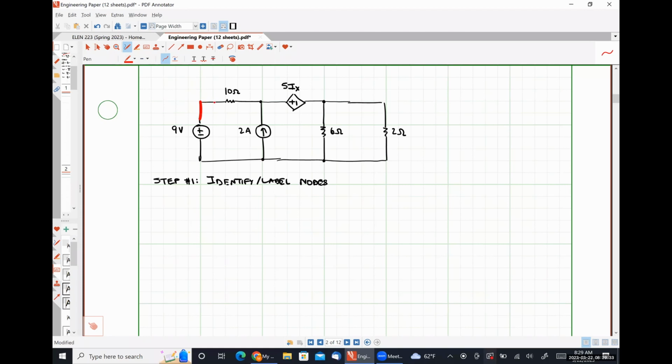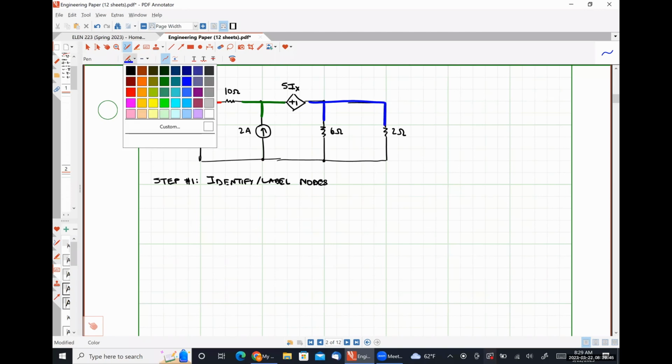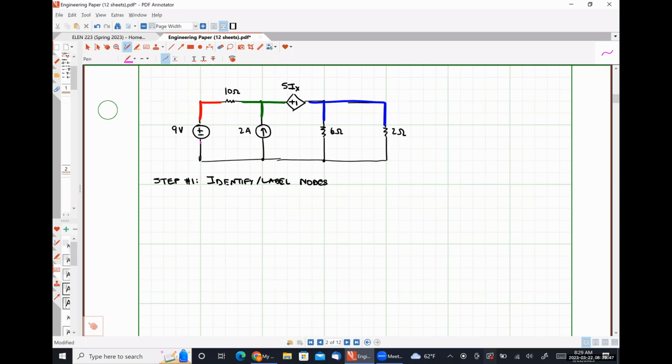So I've got this red node on the top left, green node here, blue node here, pink node on bottom. Step number 2, exactly the same. Select our reference node.